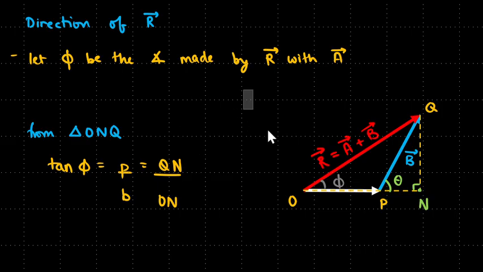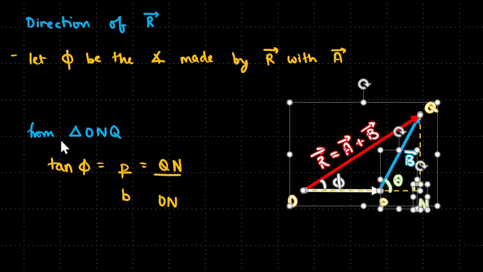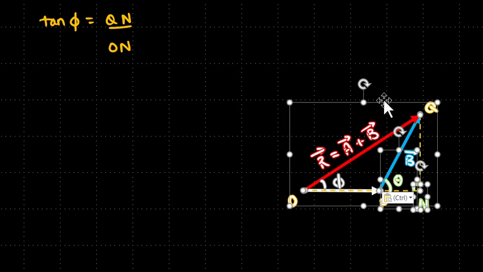Next page. So we had tan phi. Let's actually write it above. Tan phi must equal QN by, oh sorry, ON. Let's just copy this as well, so it will be very handy for us.